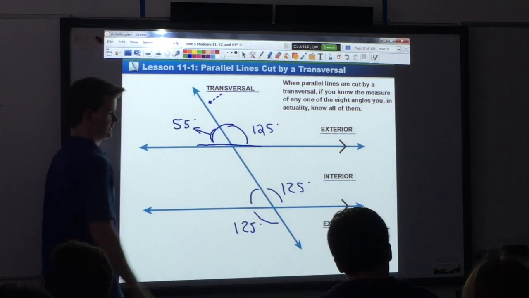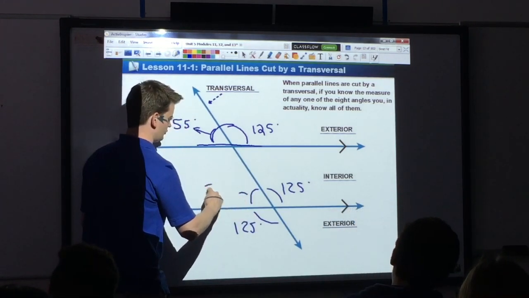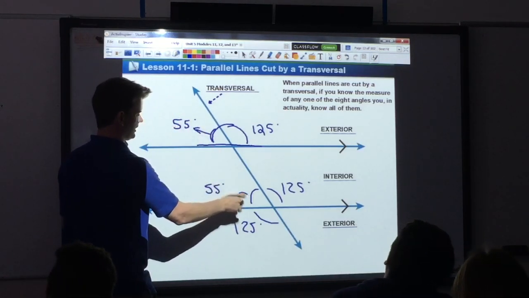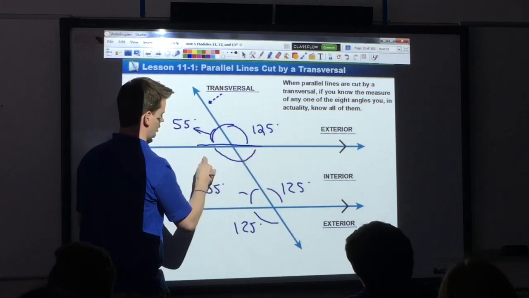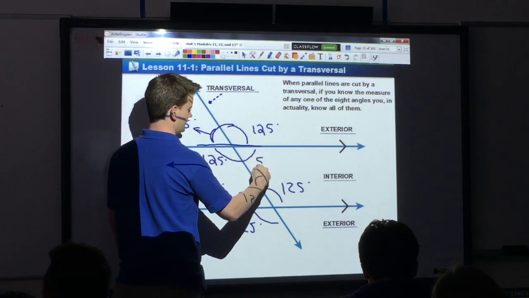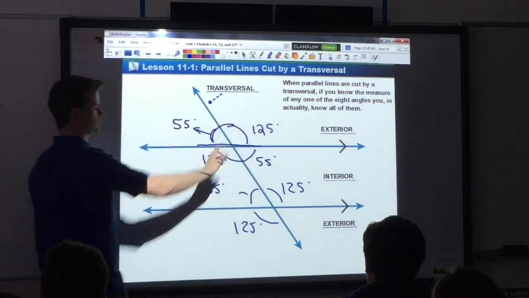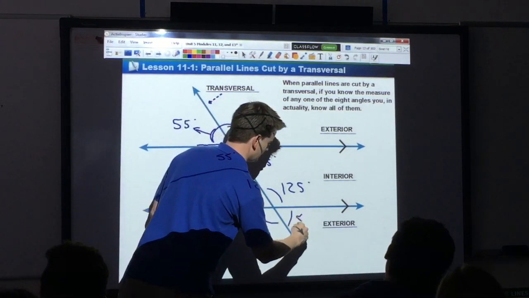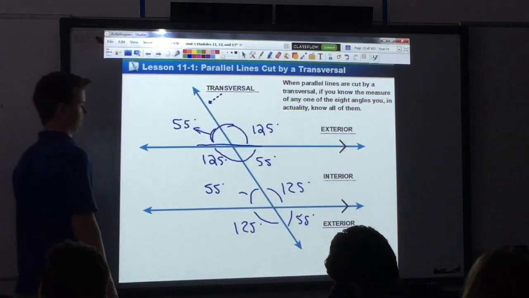Yes. What is it? 55. Why? Starts with a C. Not congruent, but corresponding angles. These two are corresponding. And then we can just fill in the rest of them here. This is 125. What would this be? 55. If you add all four up, what should it equal? 360. 360 is a full circle. And then this is 55 degrees.